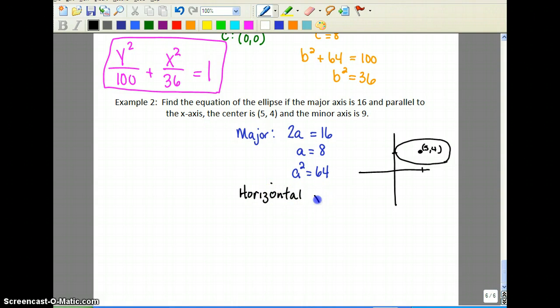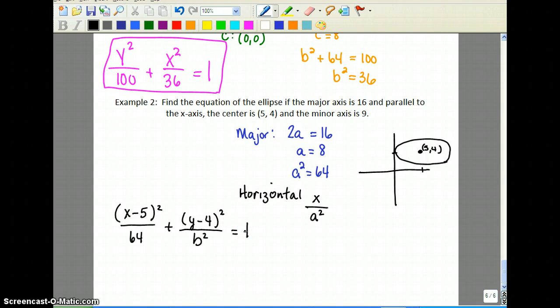It means that the x is above the a squared. So we should be able to fill some information in. We know the center, so it's x minus 5, that's the h, all over a squared, which we already found to be 64, plus y minus 4 squared, that's the k, all over whatever b squared is, equal to 1.